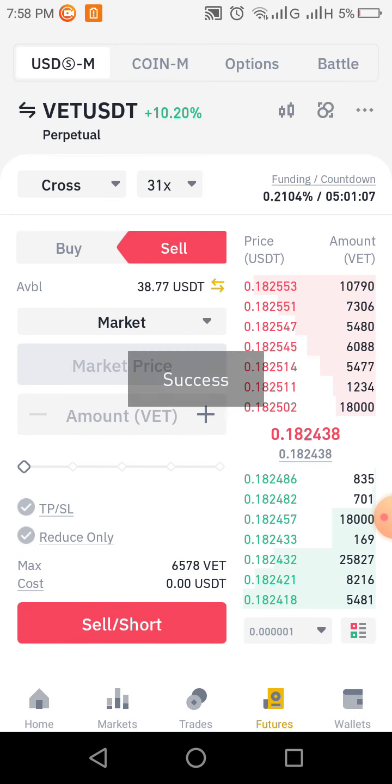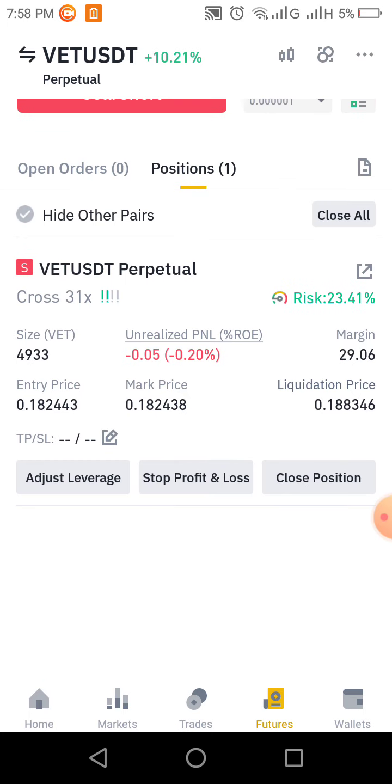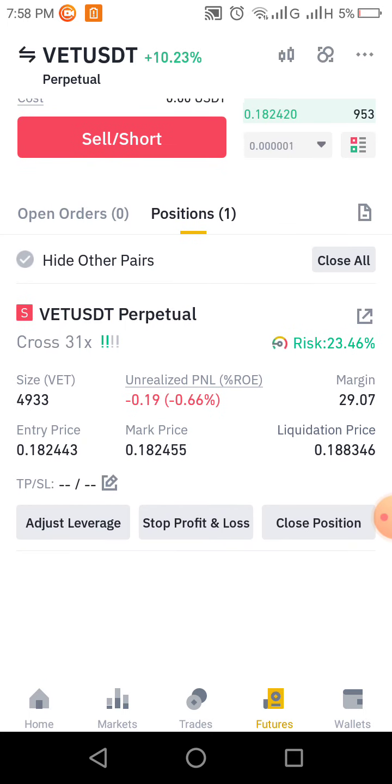Let me open the position and you see how fast it moves. So look at this. Basically, the whole point of leverage is that with the size of your position, you can get more quickly and also lose more quickly. You understand?